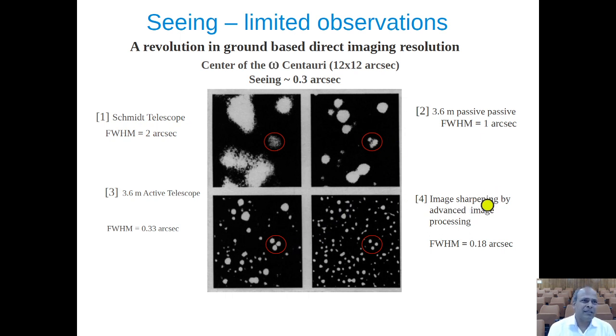And of course, with advanced computer technology, we can still process, and if you want to see some more features, it's possible to achieve an FWHM for certain images of 0.18 arc second, particularly with good signal to noise ratio.